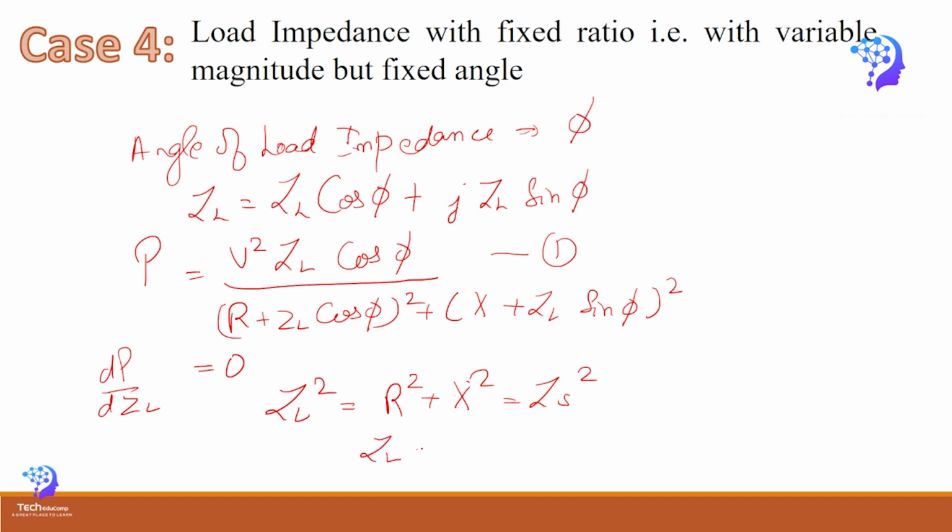So it will be ZL equal to ZS. Means this is the case in a transformer where the turn ratio is varied for the maximum power transfer. Okay, so these were the cases we have considered when we have a circuit and have to find out the maximum power in the load impedance or in the load resistance.